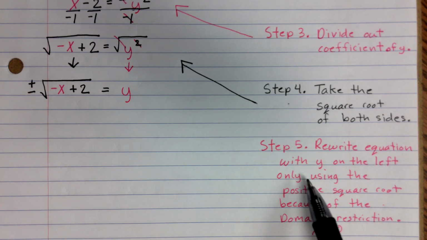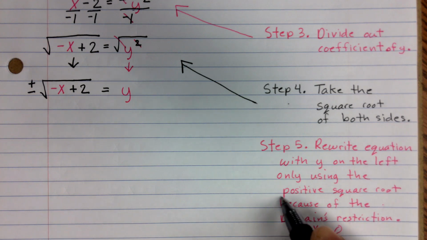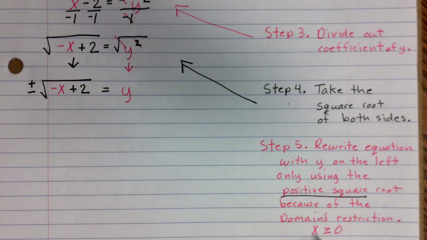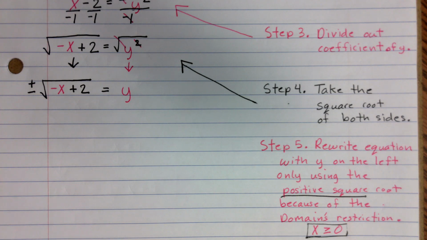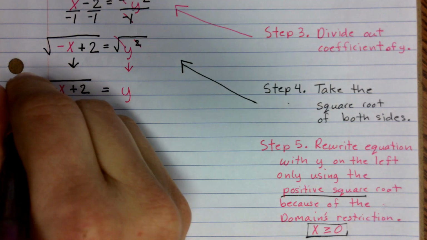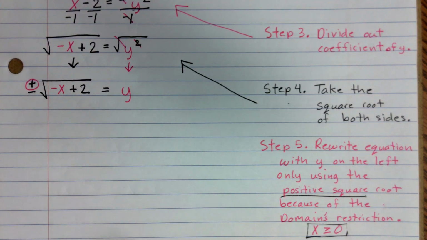So as we rewrite the equation with y on the left hand side, we're only using a positive square root. The reason I mention this positive square root only is because x has to be greater than or equal to 0. That was the restriction we had on this function when we started. So we can't have any negative values. So I'm going to circle the positive sign. We're going to ignore the negative square root of negative x plus 2.